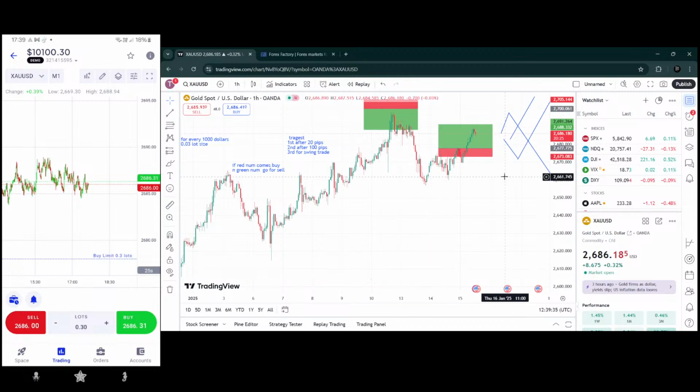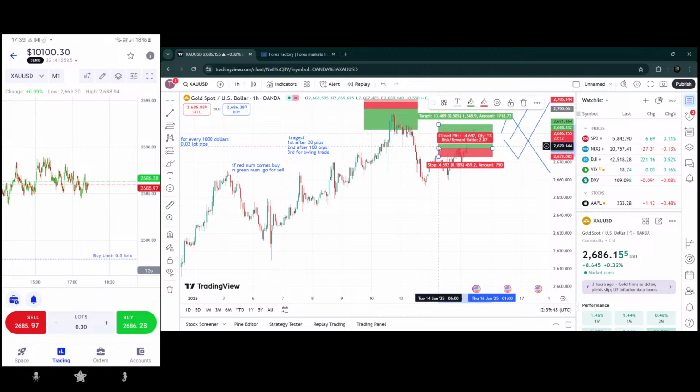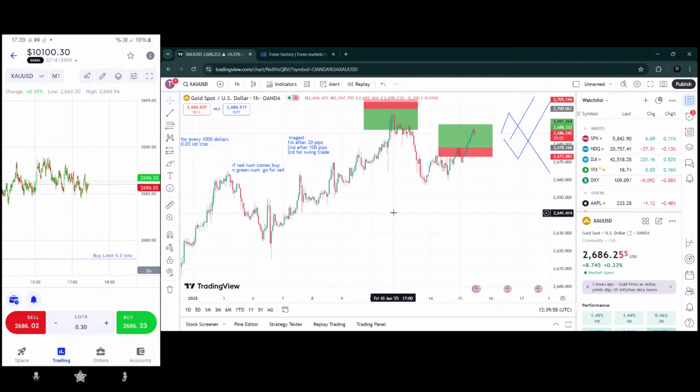So these are my two entries for the day. So for the sell side it is on 2, I'll write it here, 2 6 3.